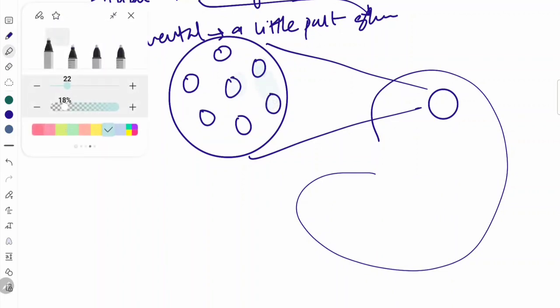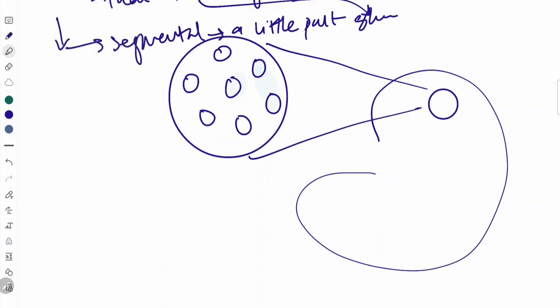This is the meaning of focal. And what does segmental mean? In the already affected focal glomeruli, some part of those glomeruli is going to be affected. So a little part of the already affected focal glomeruli, that is focal segmental glomerulosclerosis. I hope that made sense. I tried to simplify it for you guys.